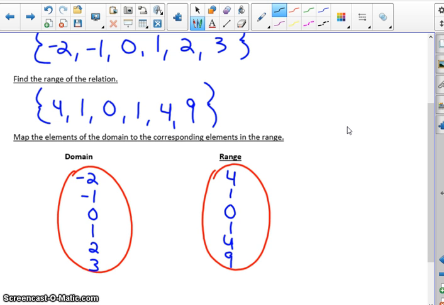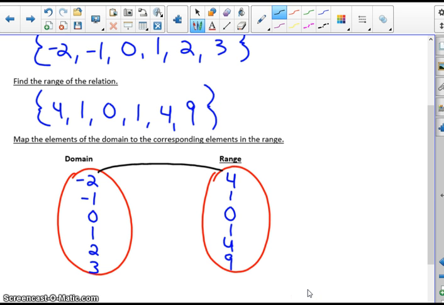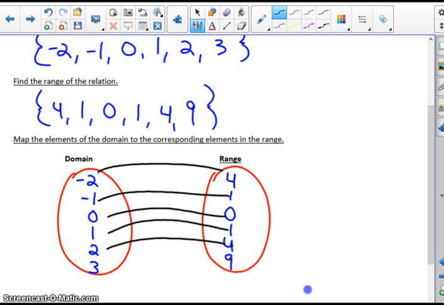So based on the relationship, -2 goes to 4. -1 goes to 1. 0 maps to 0. 1 maps to 1. 2 maps to 4. And 3 maps to 9.